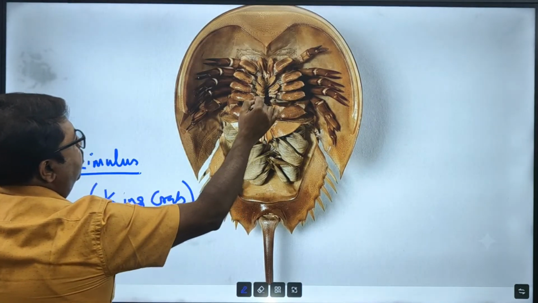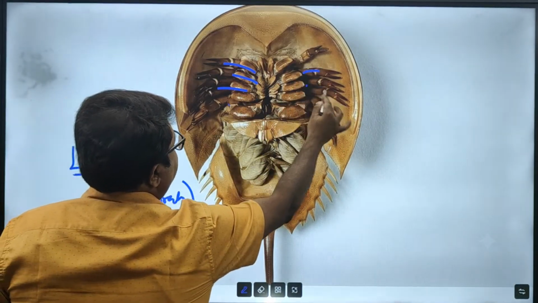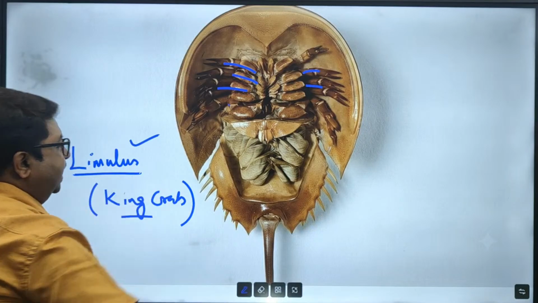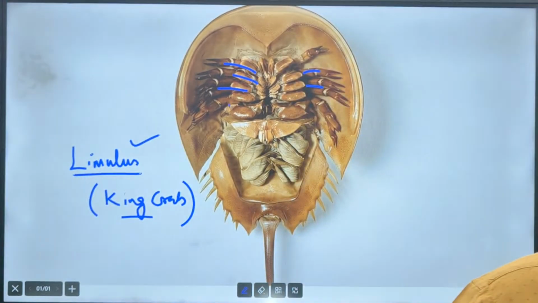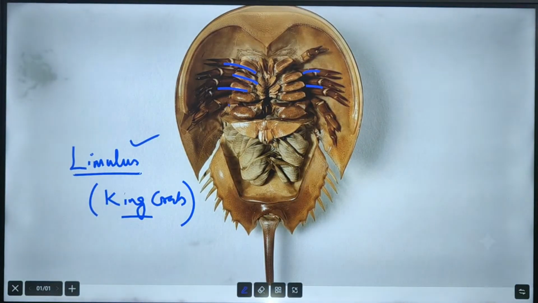This is the ventral portion. They have got legs. See? And they are called a connecting link. Sir, those big crabs are called king crabs? No, not that big one. This is the one. It's a horseshoe crab. Called king crab.